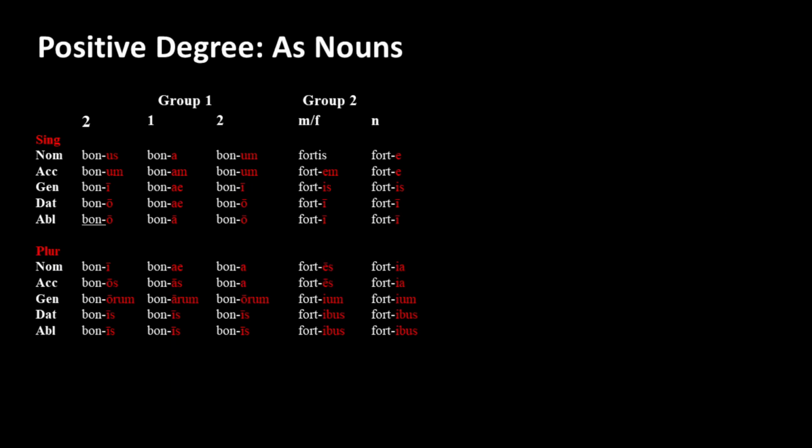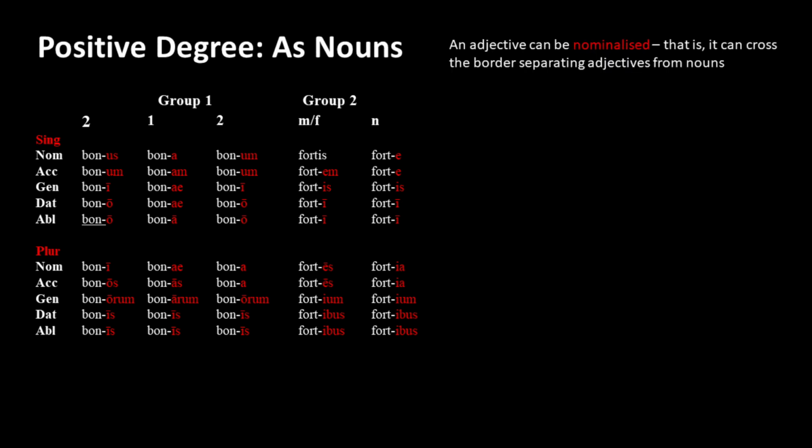The last point I want to make, and this applies just as much to the comparative and superlative adjectives that I have yet to discuss as to the positive adjectives, is that any adjective is able to cross the border separating adjectives from nouns.